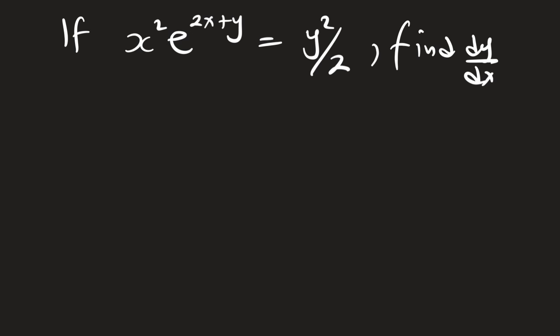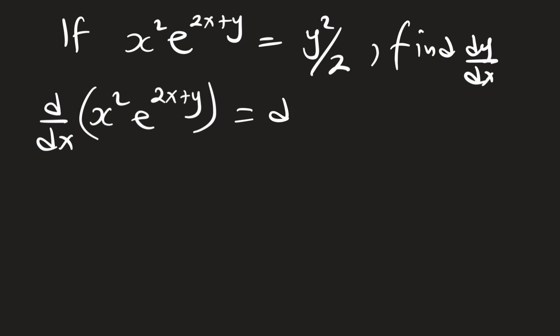So the left hand side is a product of two functions, a power of x and an exponential. So what do we do? We take the derivatives. d/dx of x squared e to the 2x plus y will be d/dx of y squared divided by 2.